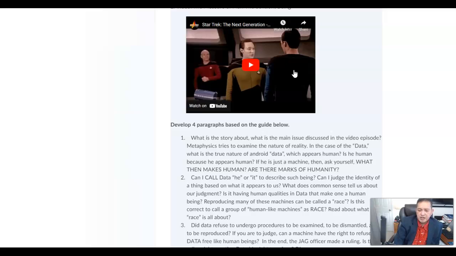And what was the judgment? The judgment of this judge is that we have to give Data the right to choose. And therefore, you cannot force Data, this robot, to submit to Maddox in his plan to be dismantled.